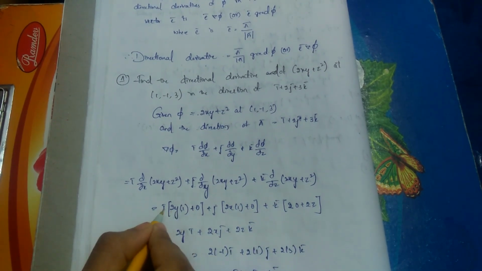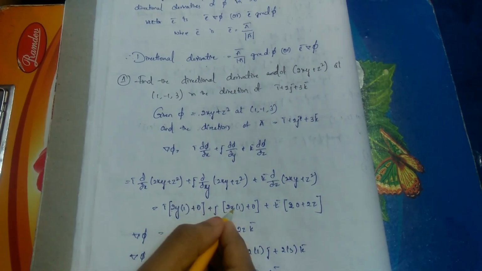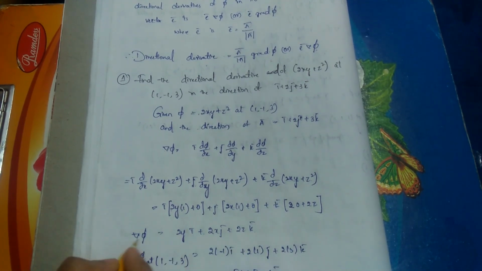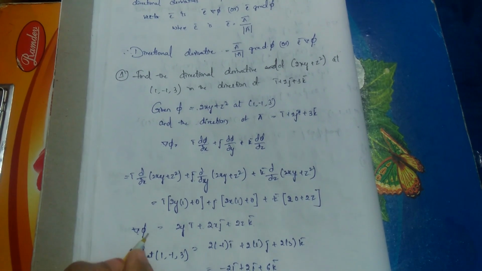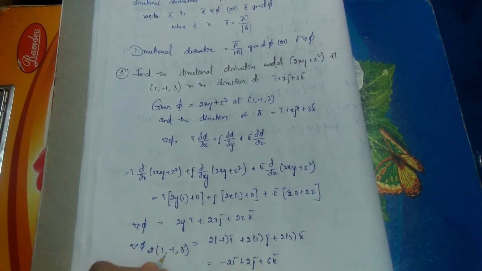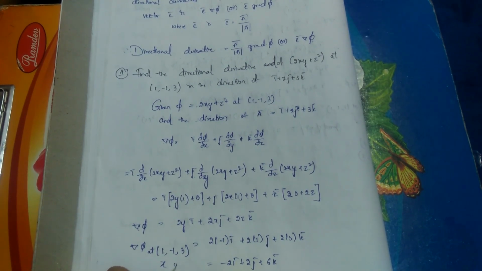Now here, 2y into i bar plus 2x into j bar plus 2z into k bar. This is del phi, and they have given that at the point 1, minus 1, 3, so we know that x is 1, y is minus 1 and z is 3.